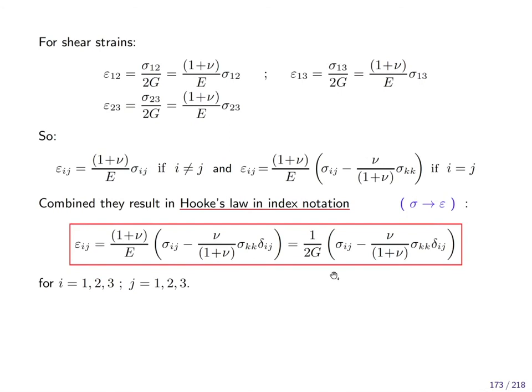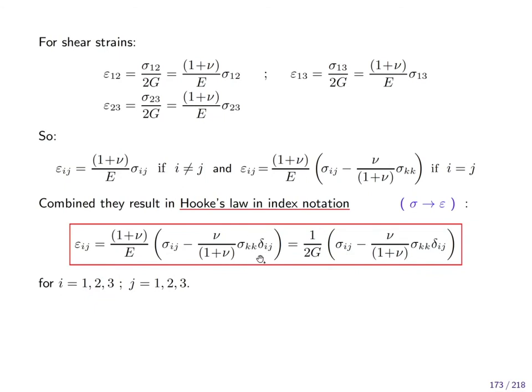Okay, and what do I have to do? I put a delta ij. The delta ij, the Kronecker delta or the unit matrix, is actually making this 1 if we talk about normal stress components, and it's making this one 0 if we talk about shear stress components. Okay, so the 0 is good because I want to have a 0 for shear stresses, and the delta ij is a trick to do so.